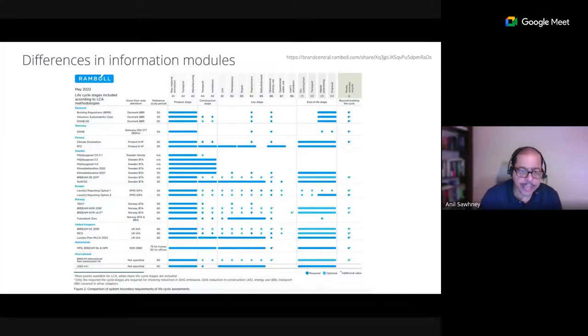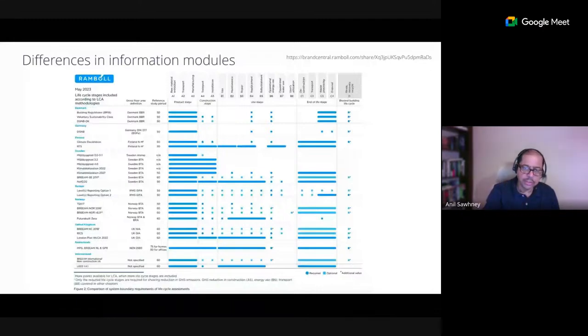If, for example, you're using the German standard, primarily coverage is for modules A1, A2, A3, and then very limited modules are covered. If you look at the RICS standard, we primarily cover most of these life cycle stages.